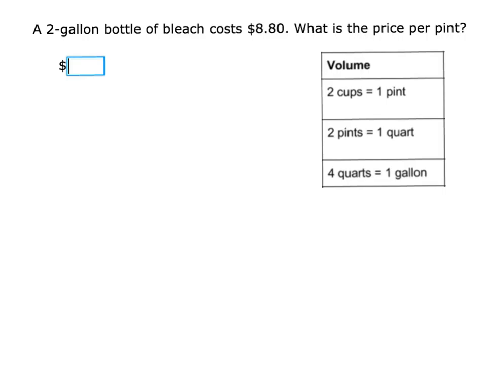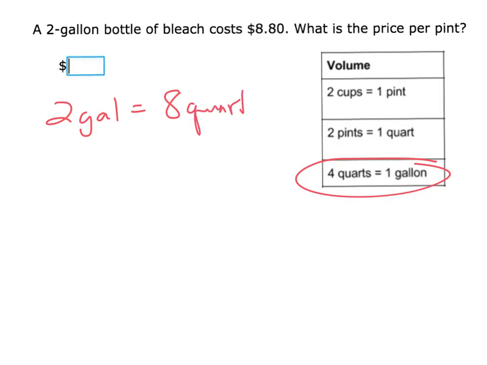This one's almost exactly the same, really. It's just that it's bleach rather than the last unit we were working with. And so we've got gallons, but we're asked about pints. So the same thing we did before is we're going to do again. We'll know that 4 quarts is a gallon, so 2 gallons is the same as 8 quarts. Right? And why?